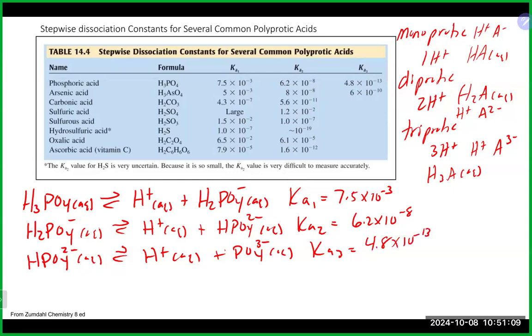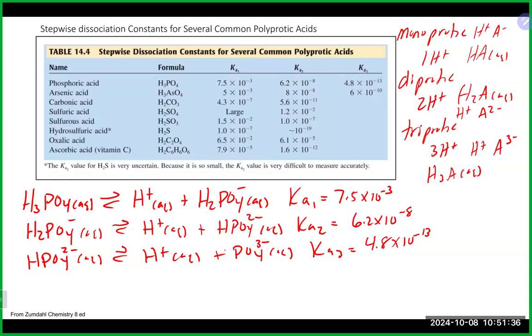Is it harder or easier to remove the second hydrogen versus the first one? Which one is easier? The first one is easier to remove because after you remove it, you now have something that's negatively charged, and you're trying to rip off something that is positively charged. So it's going to hold it a little tighter. It gets even harder to rip off the third one.